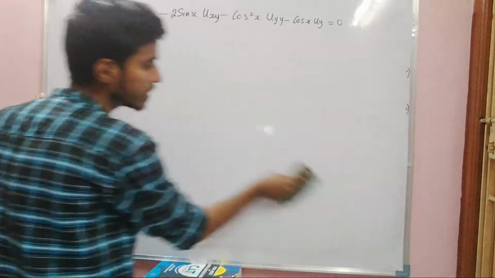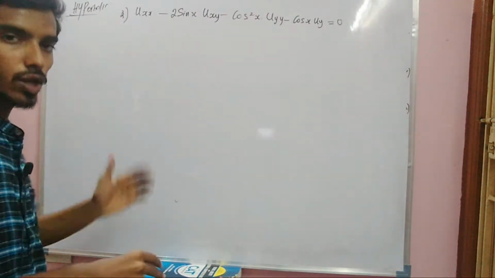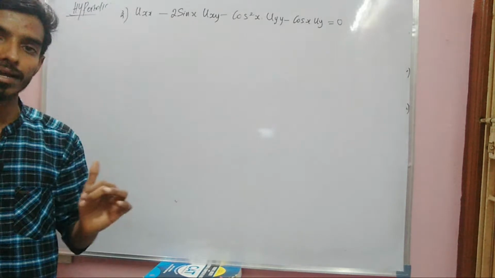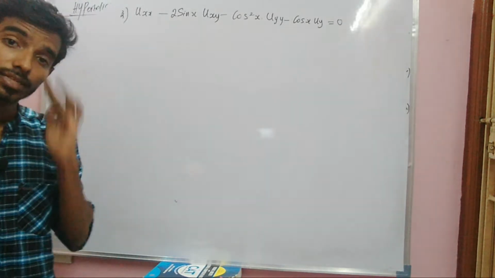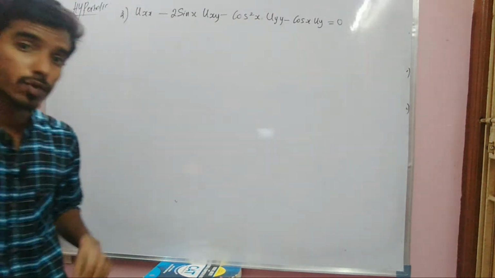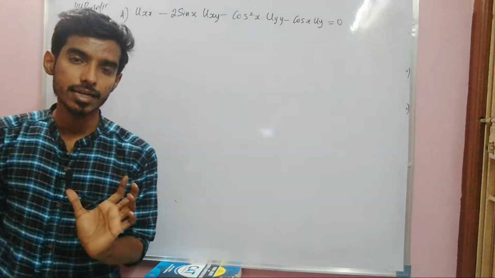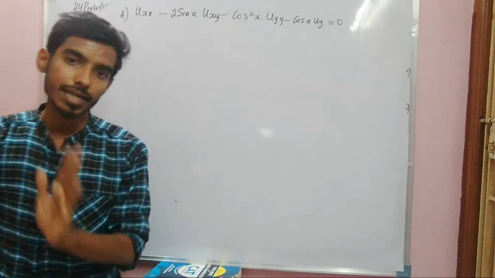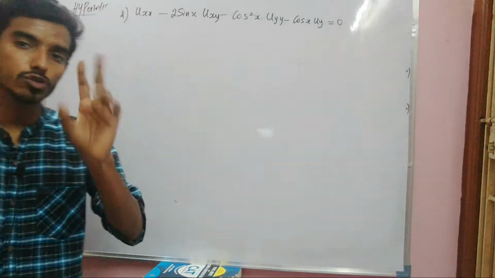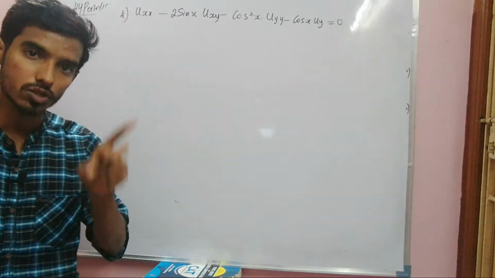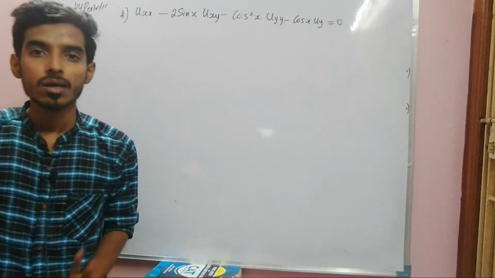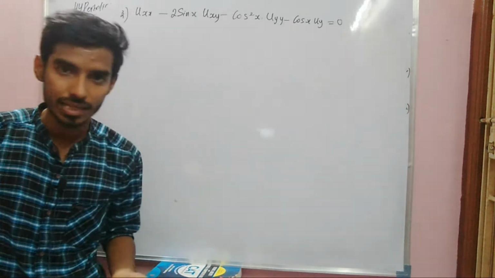After finding theta and eta, all are alike. We have to differentiate theta x, theta y, theta xx, theta yy, eta x, eta y, eta xx, eta yy, eta xy, and then you will substitute in the canonical form formula. For hyperbolic you have to use two formulas, that is dy by dx is equal to minus of that formula, and for parabolic I am going to give another formula.